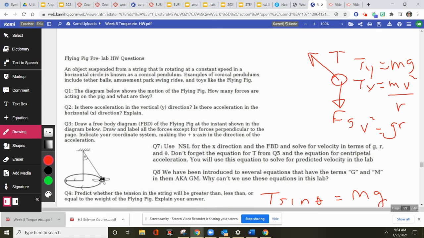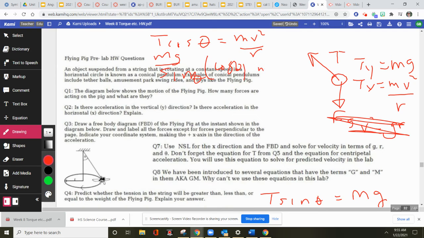Okay, so T cosine of theta is equal to mv squared over r, and yeah, so this is not right because that was T sine theta, which is equal to mg. So we could put in for T, mg divided by sine theta, times cosine theta equals mv squared over r.